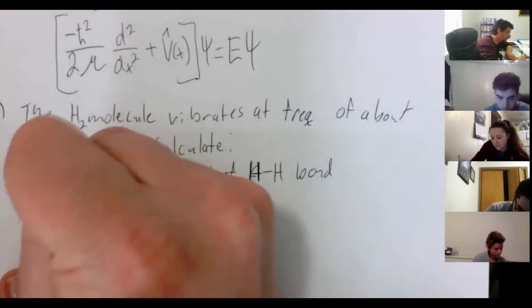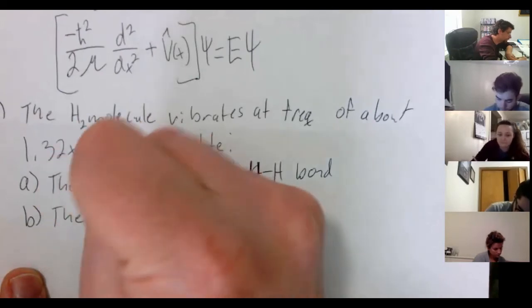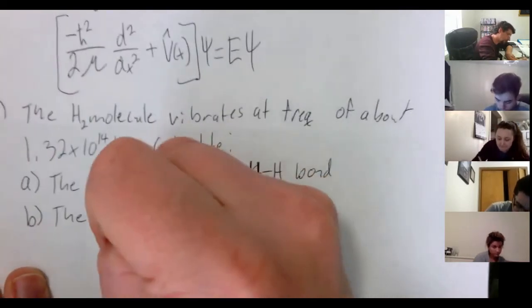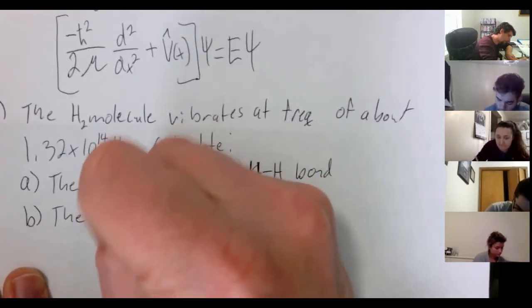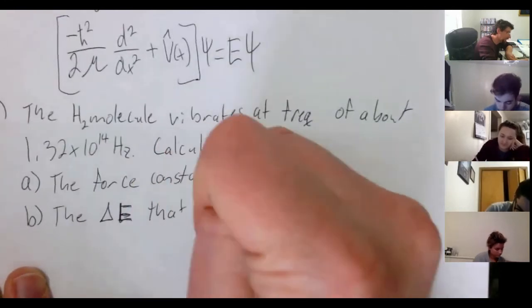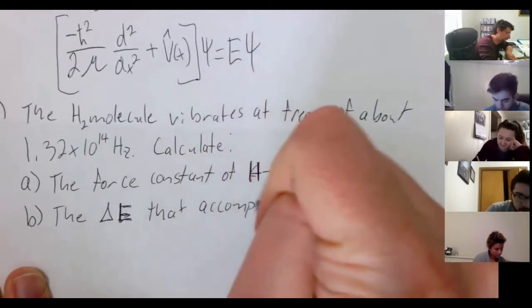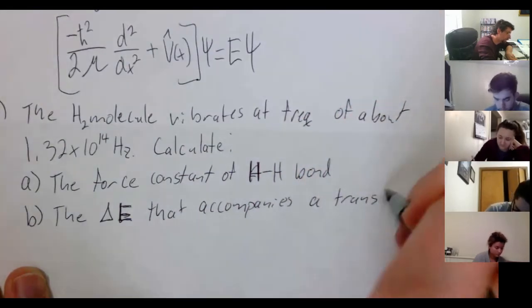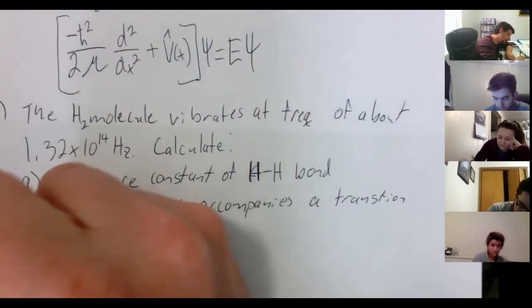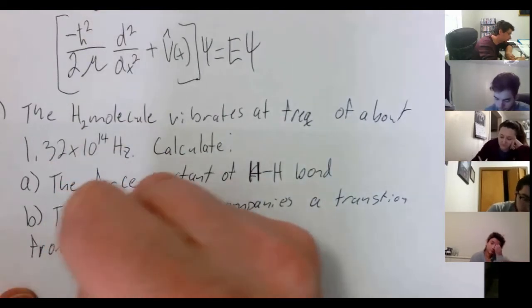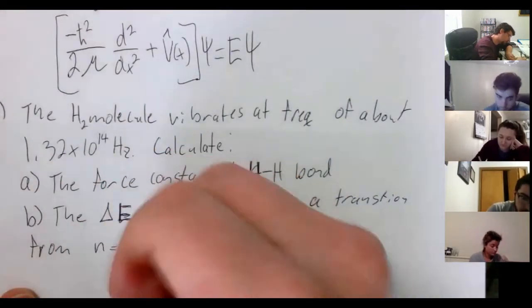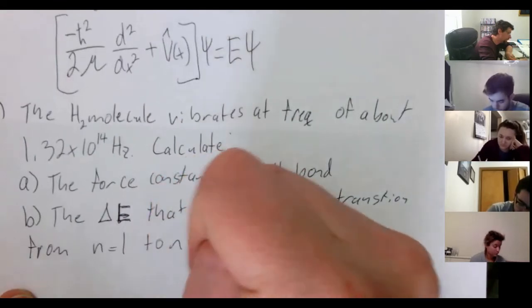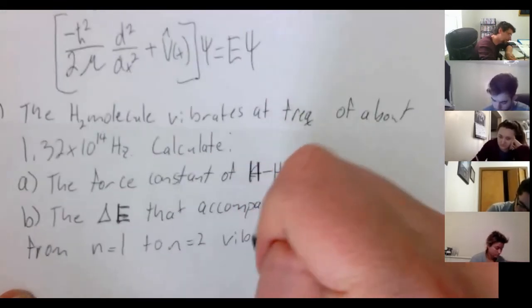B, the change in energy that accompanies a transition from the n equals 1 state to the n equals 2 state vibrational level.